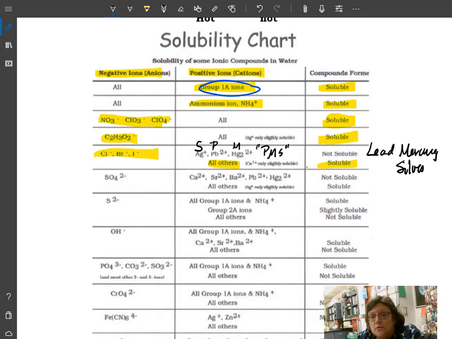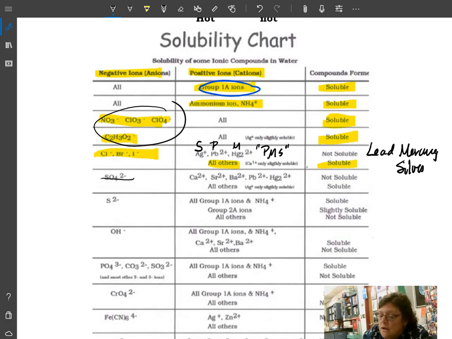So here's the first clue. If it's PMS, it's probably not going to dissolve unless it was one of these guys up here. Just a preview of coming interactions. Silver chloride will precipitate, but sodium chloride will not. Lead chloride will precipitate, but cobalt 2 chloride will not. Iron 2 chloride will not. Iron 3 chloride will not. So chlorides in general are soluble, with the exception of PMS.